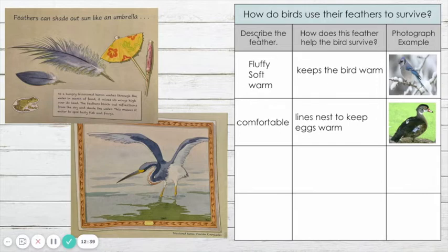How would you describe the feather of the heron? We could say that the feathers are big and wide. And how does this feather help the bird survive? It tells us right here. Share your thinking.